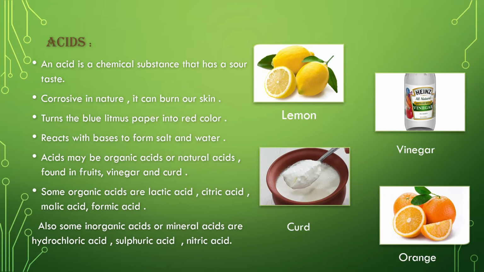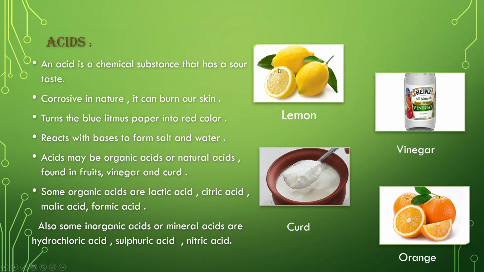First, you see there are so many pictures given, and you can see the lemon, orange, and also I have given a picture of curd and vinegar. But I know that you were thinking why I have given so many pictures of fruits and curd.